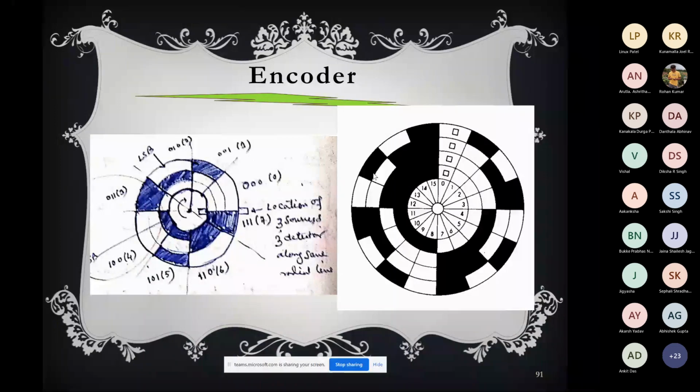So the conclusion is that these difficulties of misalignment can be solved by using the gray code instead of the binary code. The main takeaway is that in the encoder we always use the gray code, not the binary code, to get rid of the misalignment problem I discussed earlier.